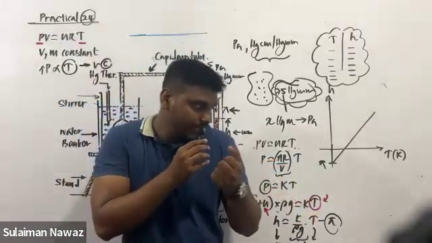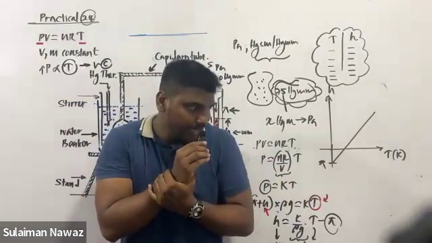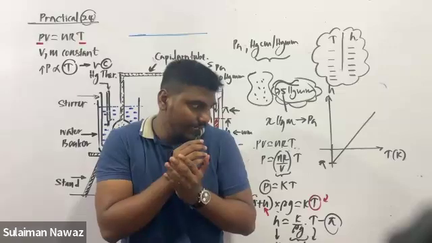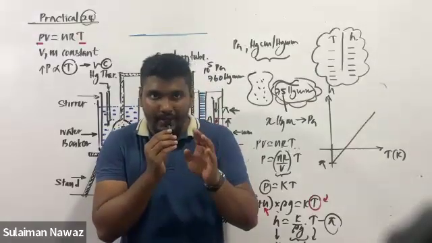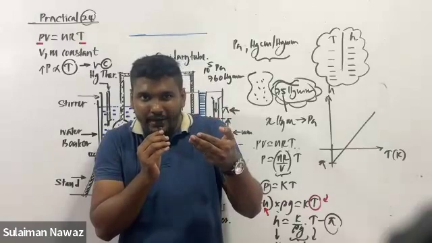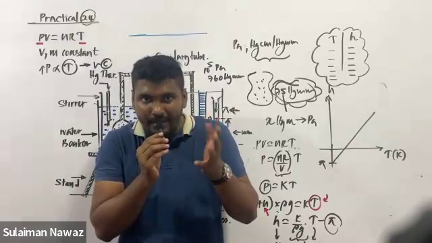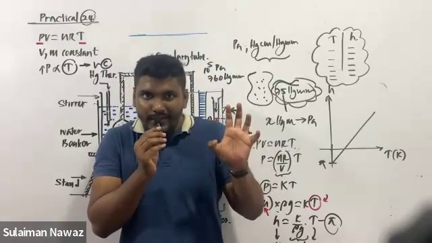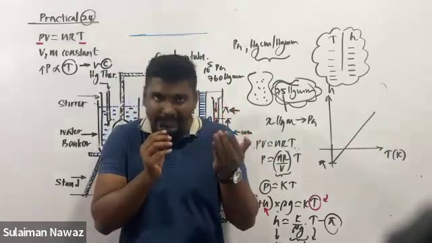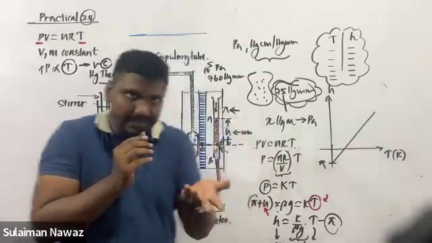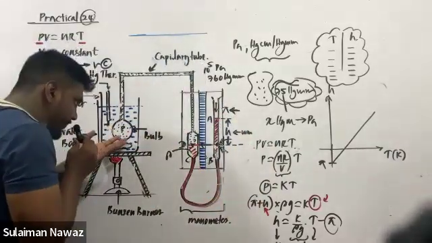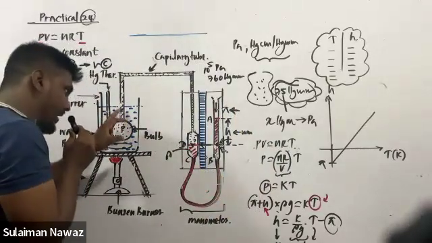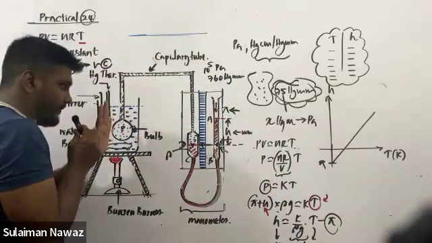So the first point is: this assumes the volume of the gas trapped inside the bulb is constant, but the assumption is incorrect if the bulb expands. When we carried out this practical, we neglected the expansion of the bulb. If you don't think about the expansion, we can ensure the volume of the gas inside the bulb is constant. But practically, when you increase the temperature, the bulb expands, and the capillary tube also somewhat expands.